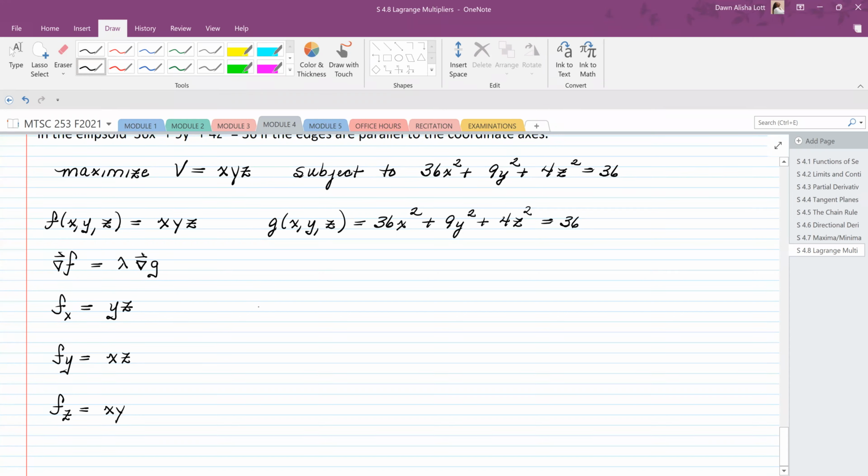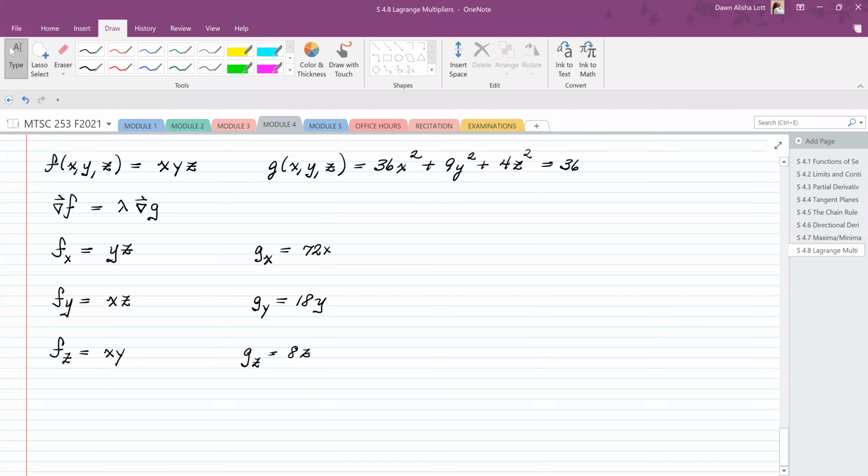So now G sub X is 72x squared. No, it's not. It's 72x. G sub Y is 18y. And G sub Z is 8z. Okay.